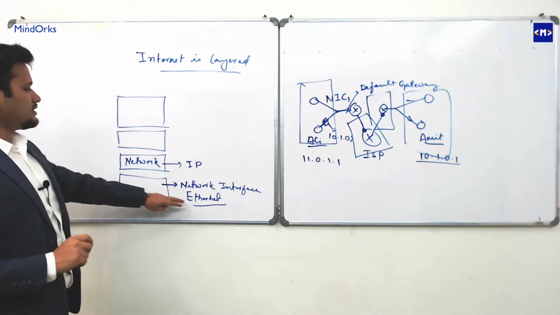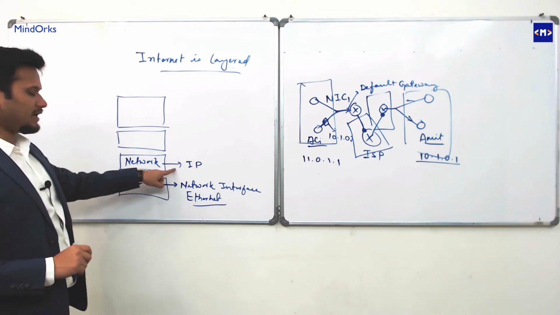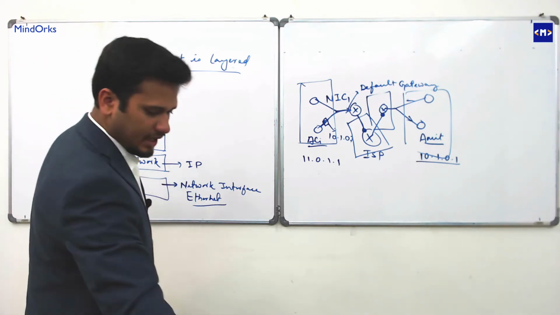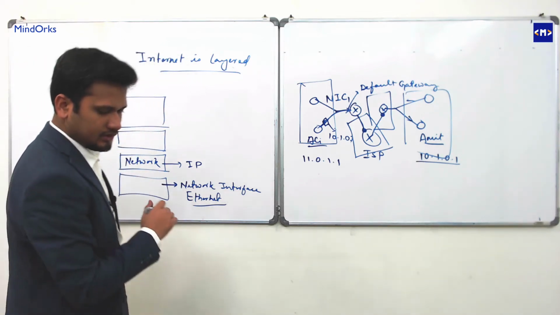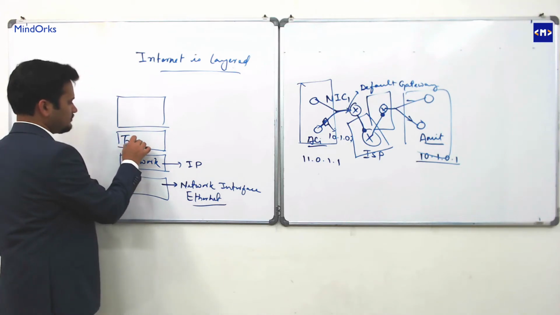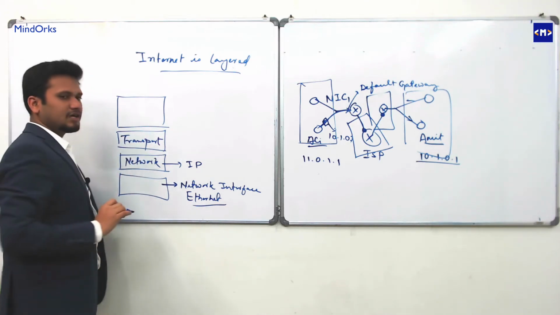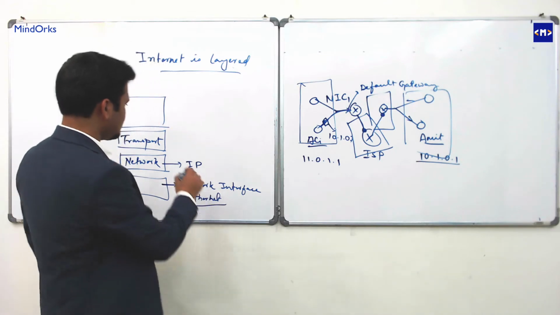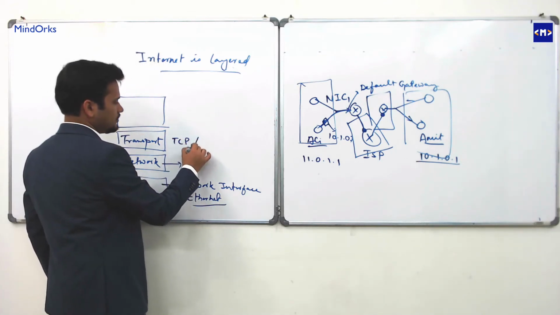First we have a connection, then we have an IP address, and then we have the transport layer. The transport layer is TCP or UDP.